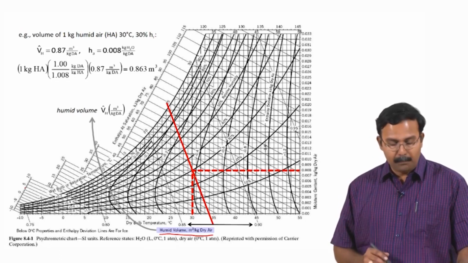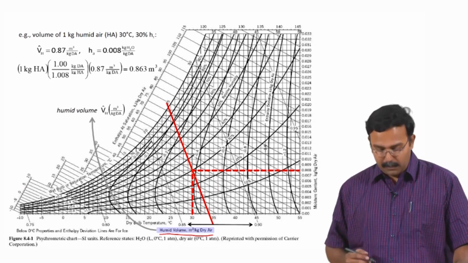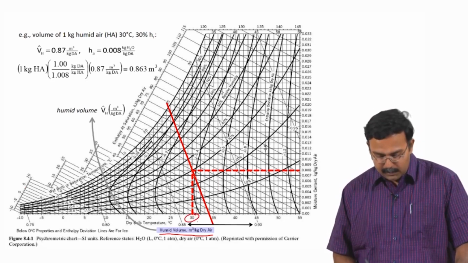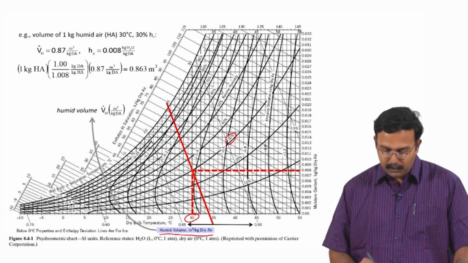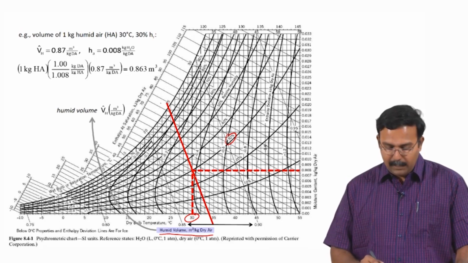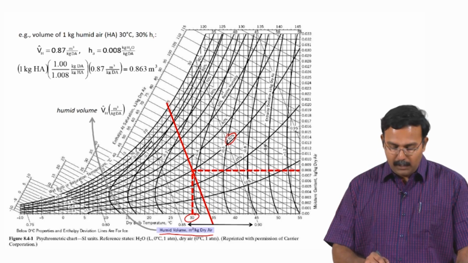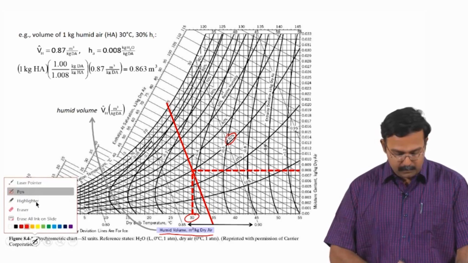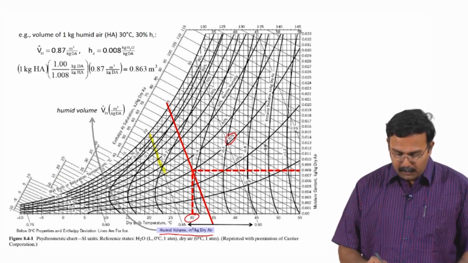Take the example of 30 degrees Celsius and 30% relative humidity. This is 30 degrees Celsius and we want to go to the 30% relative humidity curve. So, we take this line all the way to this point, and from here we can calculate the humid volume by drawing a line parallel to these axes, which are the cross axes. You see these cross plotted axes here.